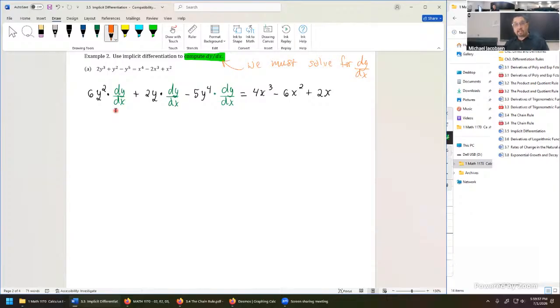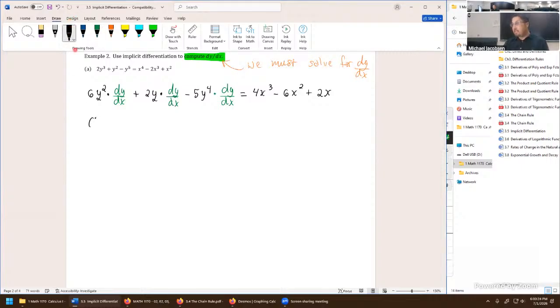Any questions at all, folks, with the implicit differentiation? Okay, this becomes a pretty decent algebra review. If you're solving for a variable that's kind of just smeared across multiple terms, our ultimate method here is to factor.